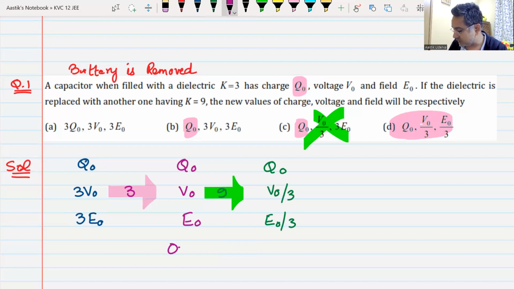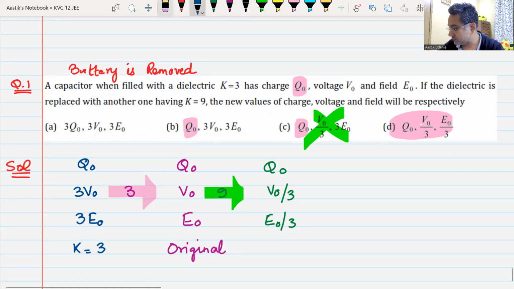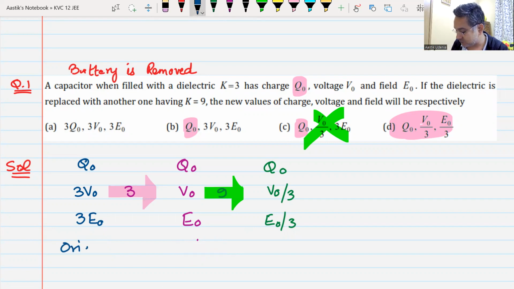This is your original capacitor. This is the capacitor in which the dielectric constant 3 has been inserted.